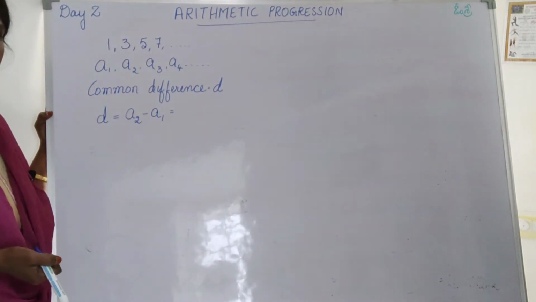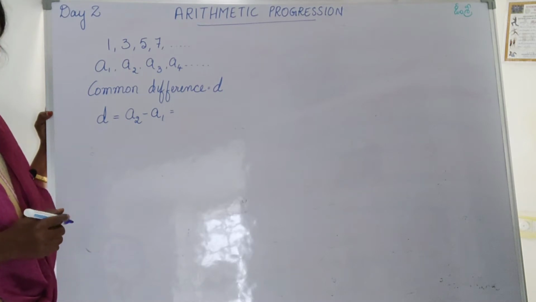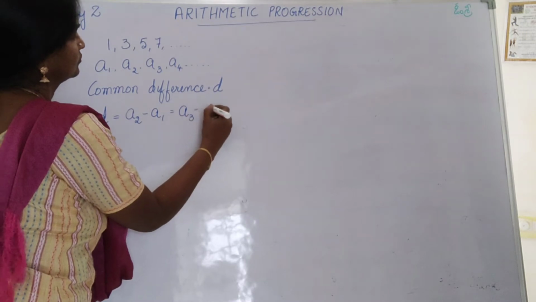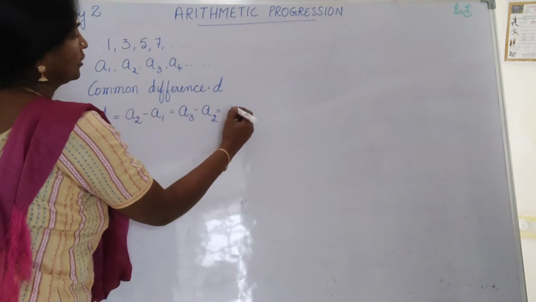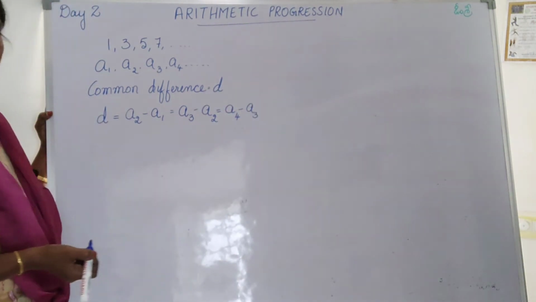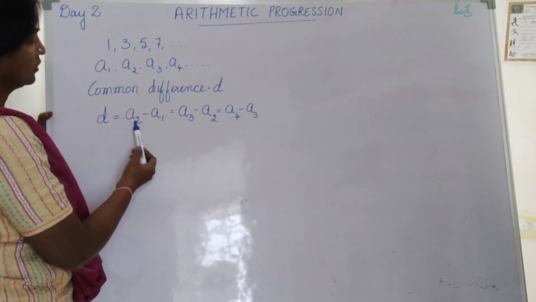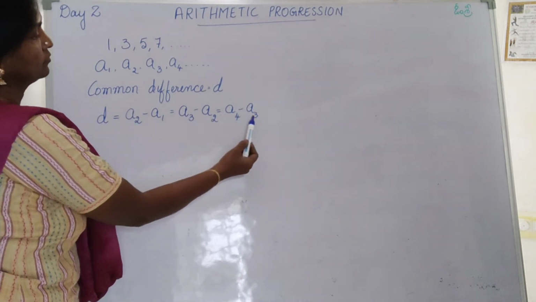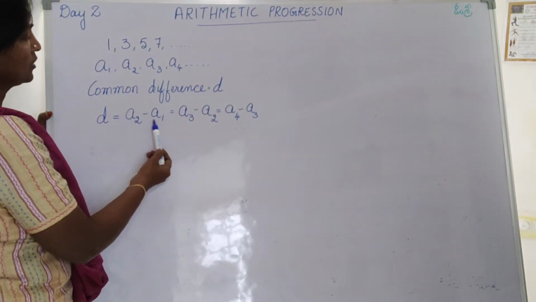Or we can also find out the common difference by subtracting the second term from the third term, and likewise the formula continues with A4 minus A3. So here when you observe the subscripts written here, you can observe that in all the formulas in a sequence, the first subscript is one more than the second one.